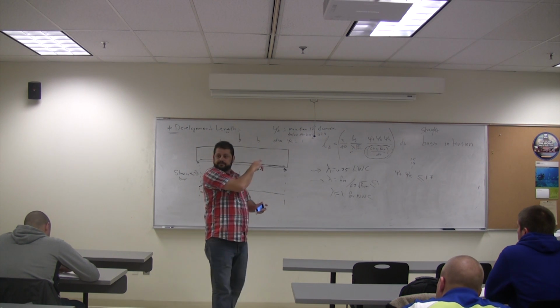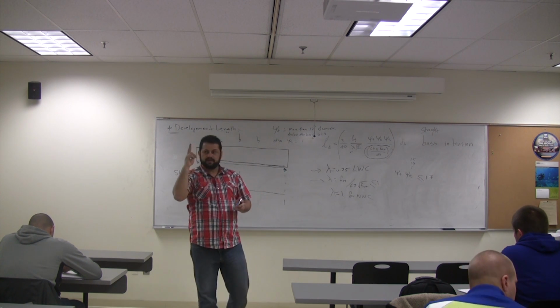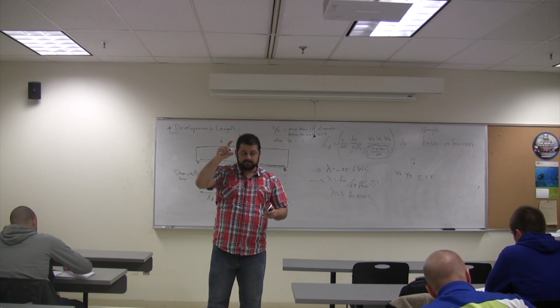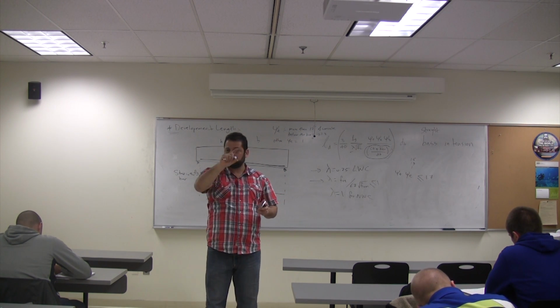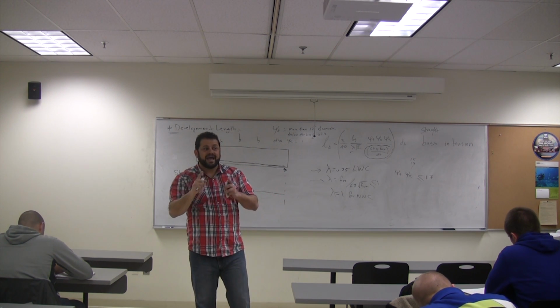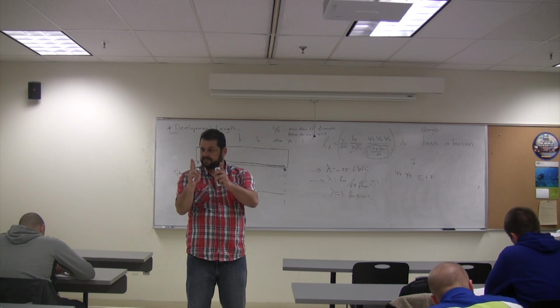Now, CB. CB is the lesser of the two: the cover, either side or bottom cover to the center of the bar, or half the distance between the bars, center to center.